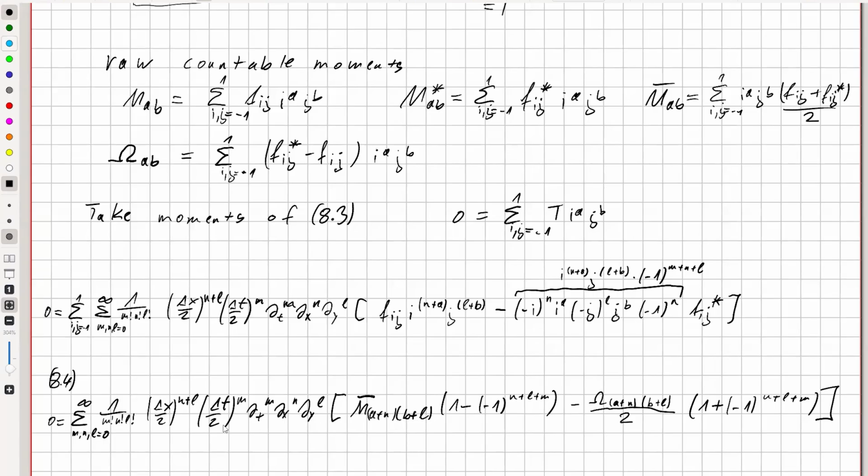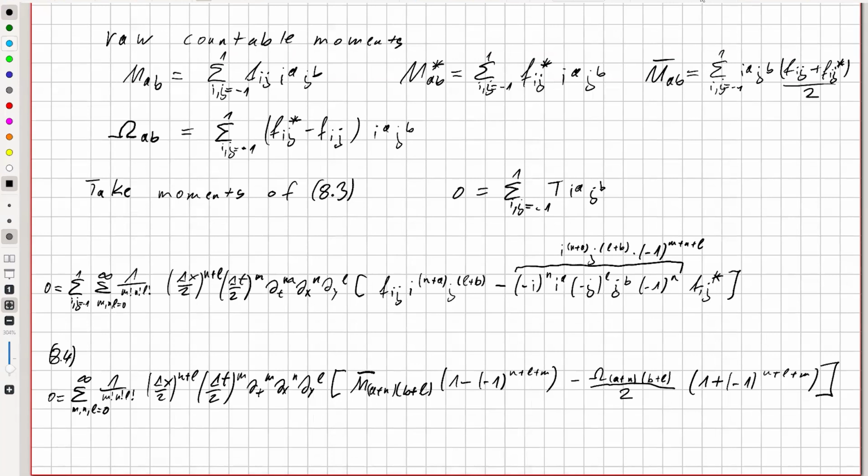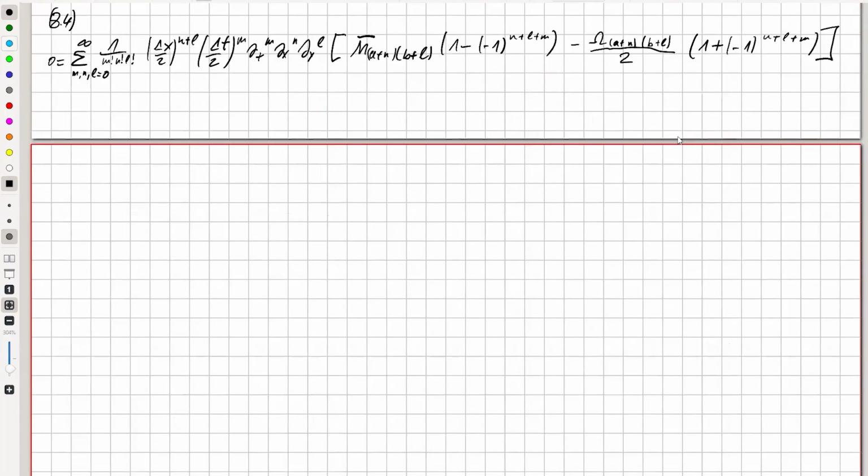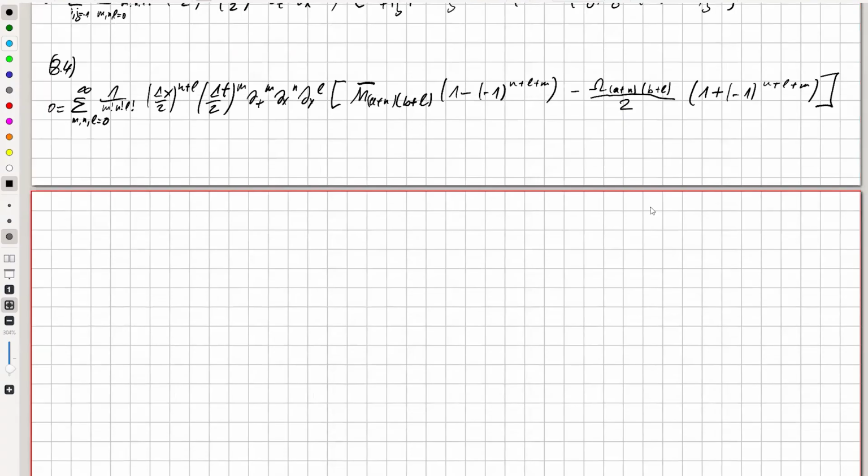The only thing that is still annoying is that we still have the smallness parameters delta x and delta t in it, and we have to see how they can be separated. So you can do almost everything already from this stage, but we do one thing more. We introduce an asymptotic expansion.